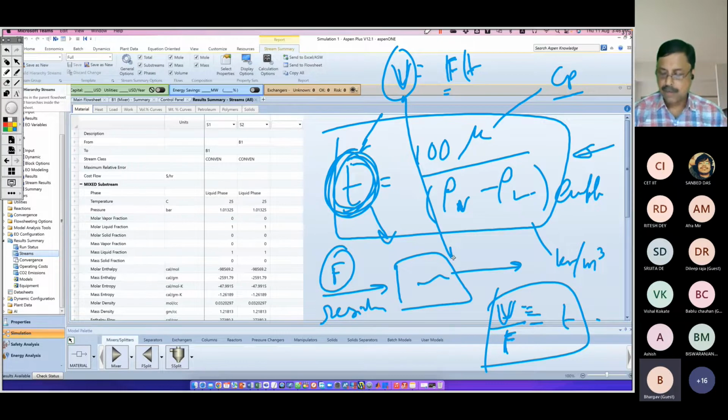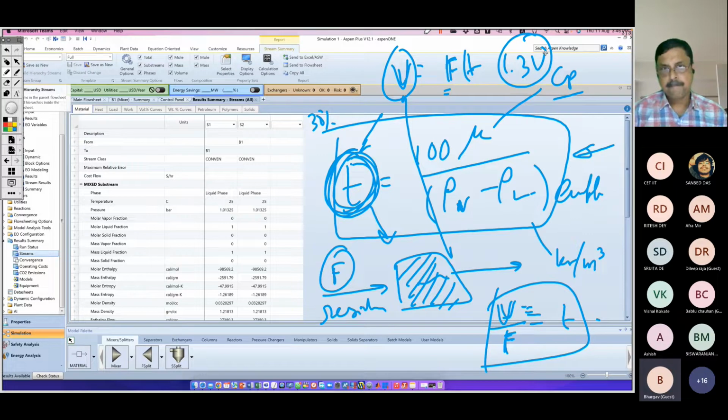Obviously you cannot fill the entire decanter with liquid, so you have to keep some gap. So you may take, say, 30% extra of this, so 1.3 times V may be the actual volume of the decanter.